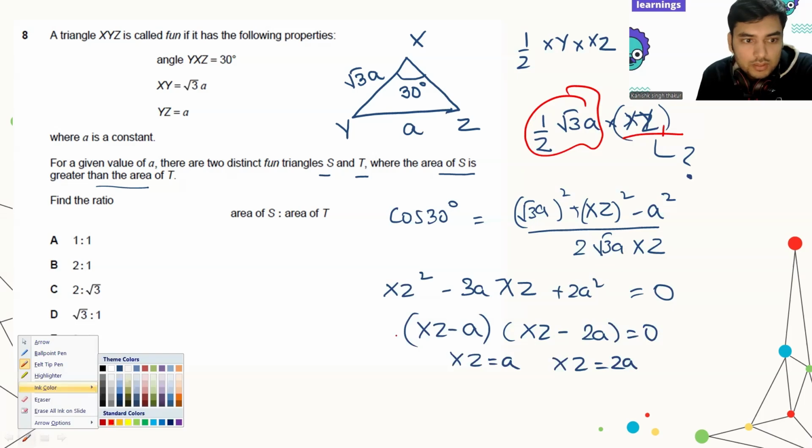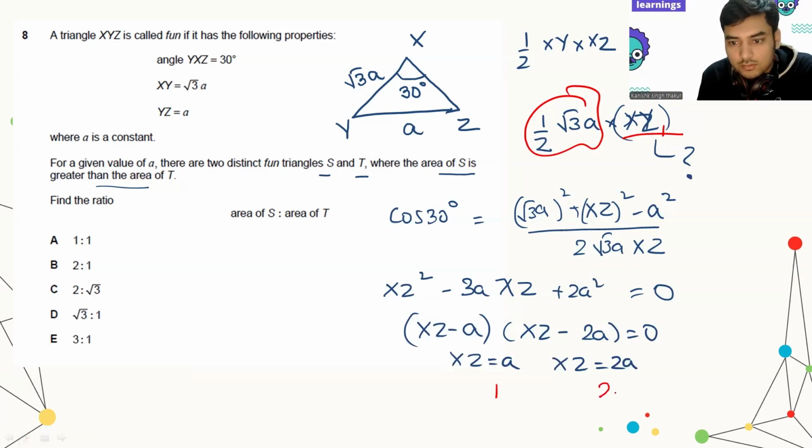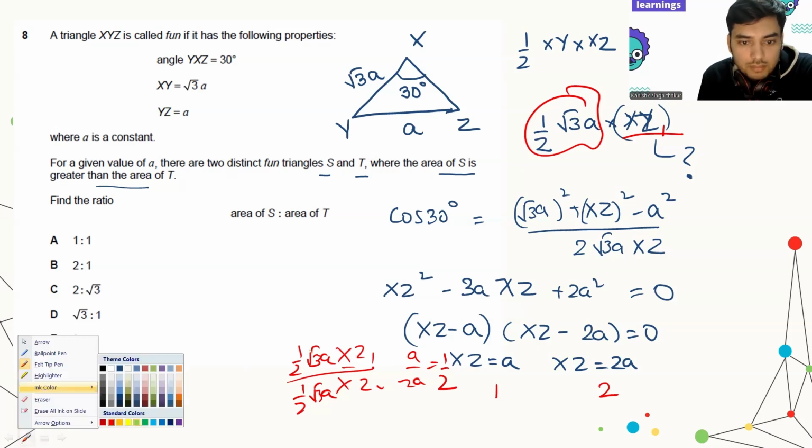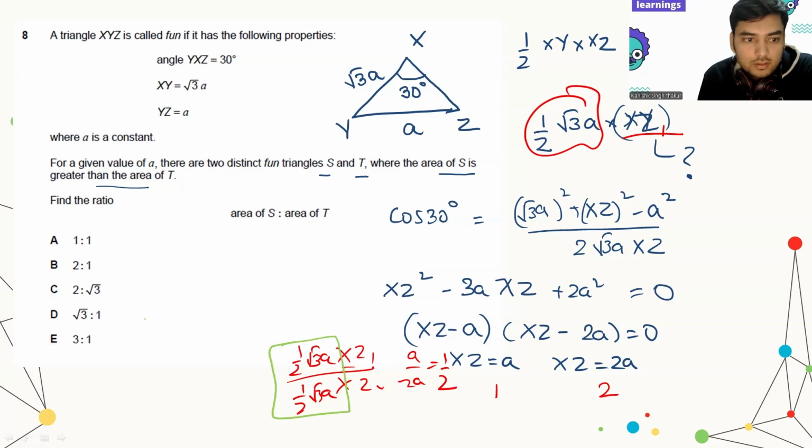So it's 1 is to 2, because XZ1 upon XZ2 would be a over 2a. Why I am saying this, because if you would have written half root 3a times XZ1 and half root 3a times XZ2, this term is the same for both of them. So it will mainly depend on the two values of XZ. So this one would be the answer.